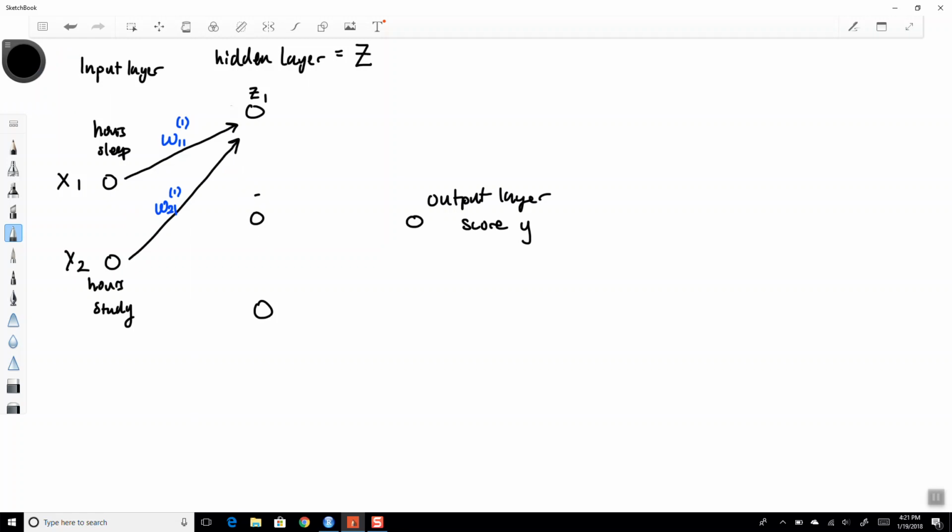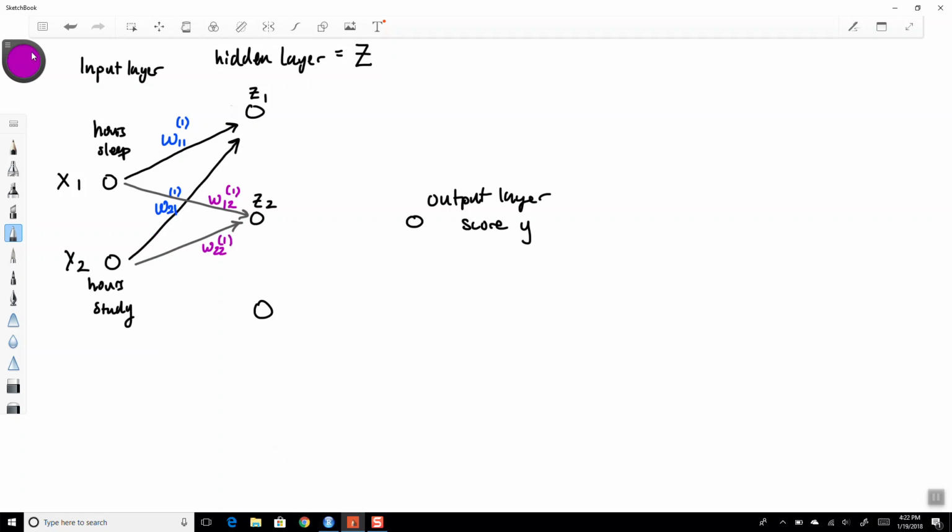And then the next node, Z2, maybe I'll just have a different color here, and in here we would just have some weights going there, and over here we would have another set of weights. Here this would be weight 1, 2 in our first set of nodes, and this would be weight 2, 2 in our first set of nodes.